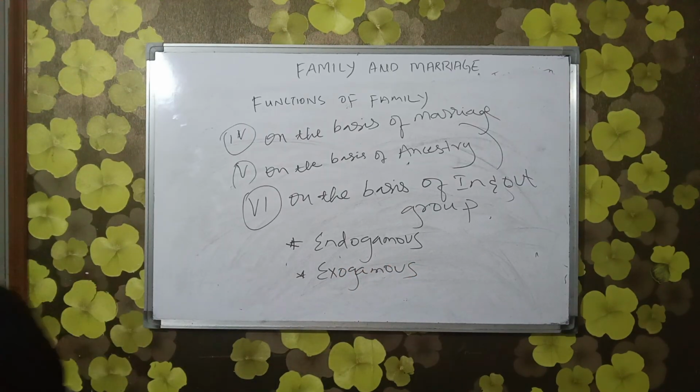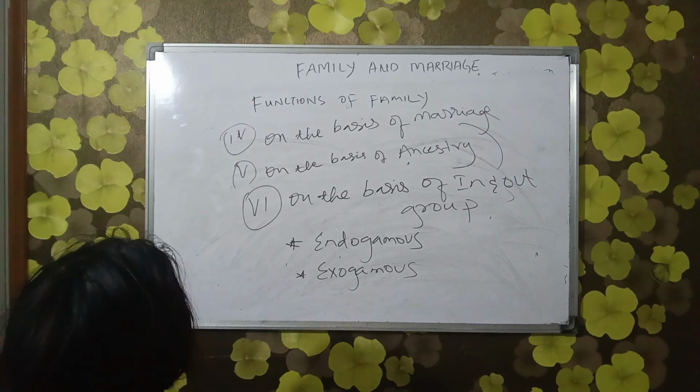So what is endogamous? Endogamous is where marriage is allowed only within the in group. And exogamous is marriage of members in group with members of out group.